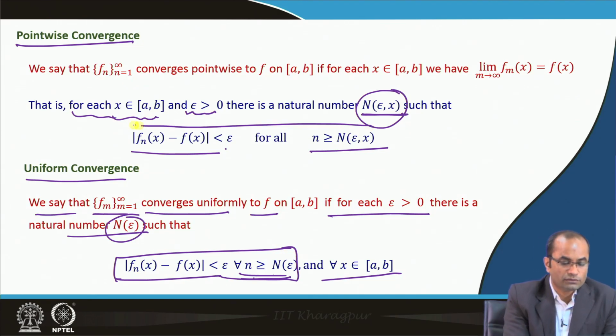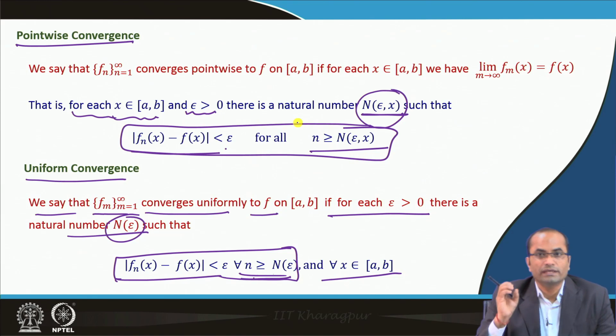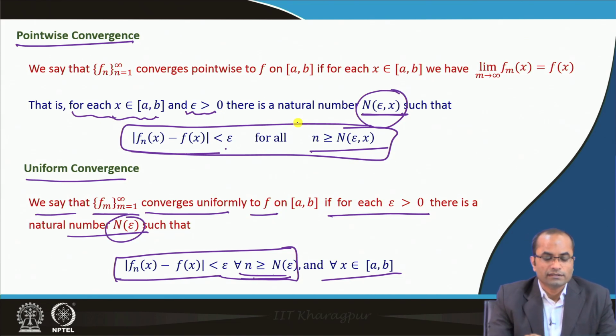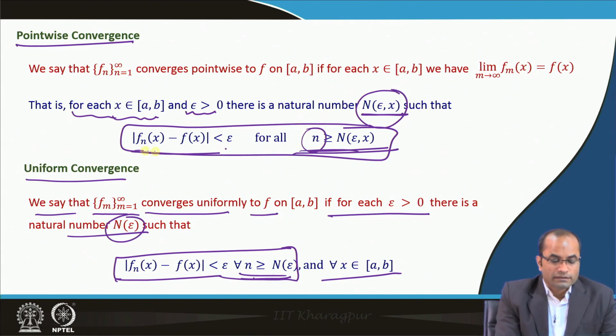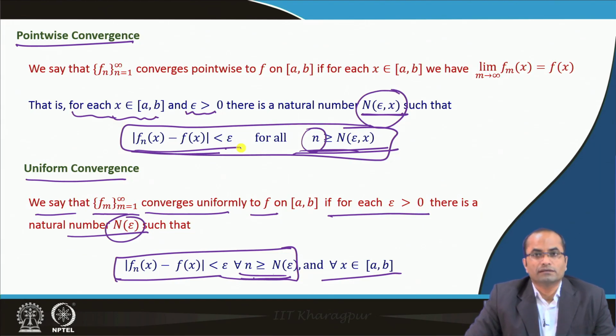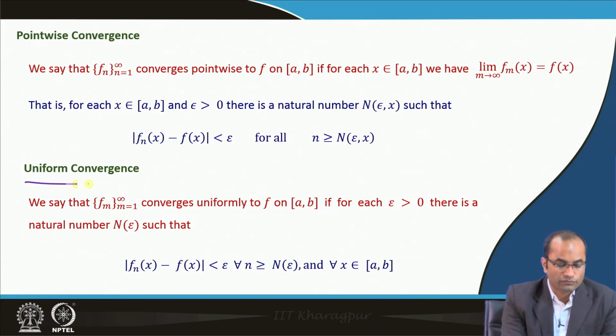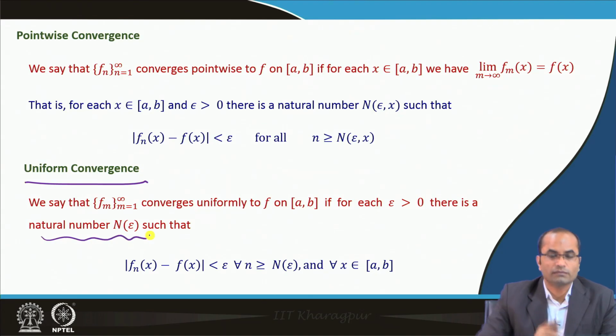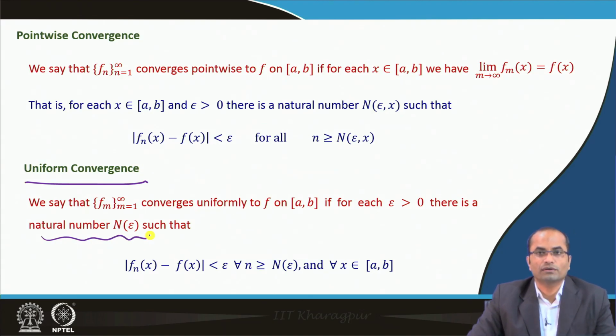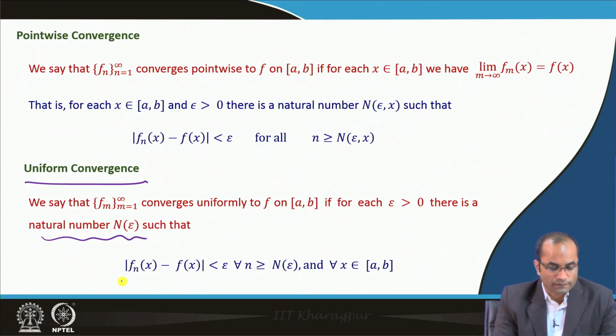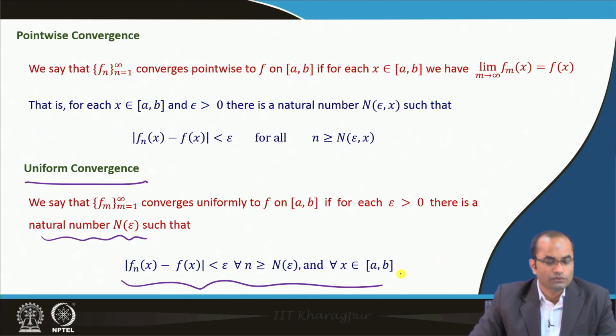Whereas in pointwise convergence, for each x and epsilon there exists an N such that for all n greater than N the difference is less than epsilon. In uniform convergence, the only difference is that the natural number N depends only on epsilon, not on x.